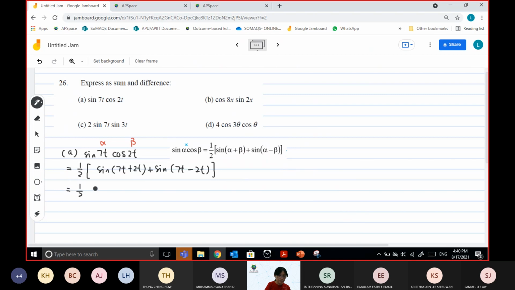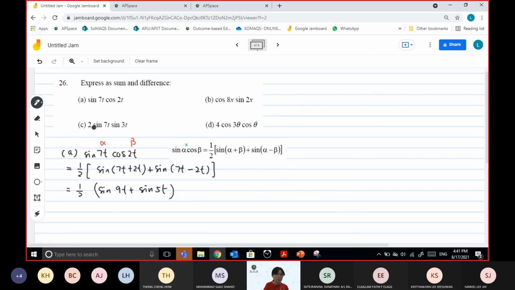So sine 9t plus sine 5t. This is your answer, or you can bring in the half. That's how we find the answer. This one should be quite simple. B should be almost the same.